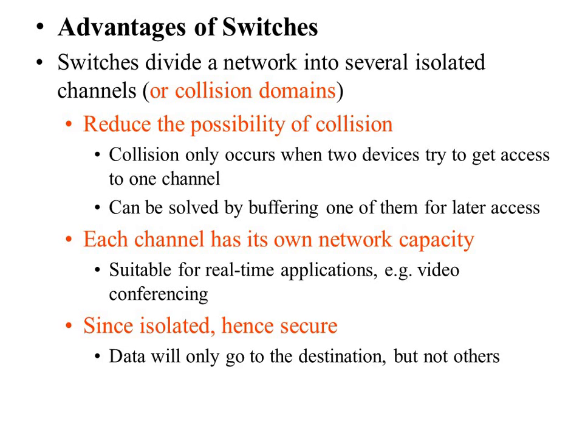Then each channel has its own network capacity. The example is video conferencing. The network channel has its own capacity. If you are only transmitting text data, it has a separate capacity.